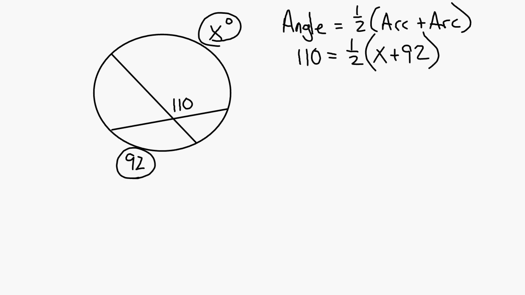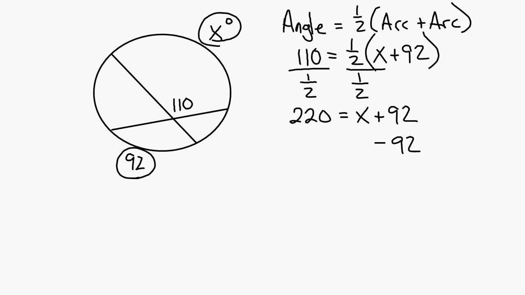In this problem, you can divide both sides by 1/2, and that will save you some time. So take 110 and divide it by 0.5. It's 220. So 220 equals x plus 92. And then you could subtract 92 from each side. 220 minus 92, 128 is equal to x.